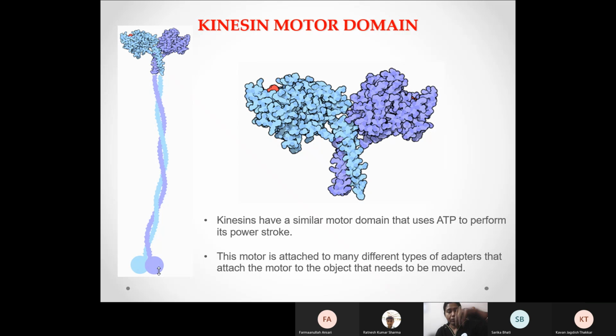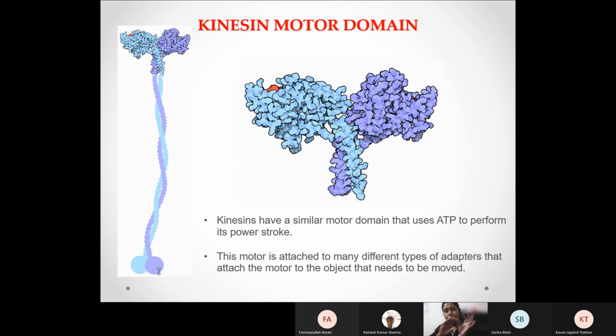Now, with the help of the optical trap, you have trapped that bead under an intense laser light. Now you add ATP, and this ATP would allow this kinesin motor to walk on the microtubule. So every time it walks on the microtubule, it takes another step.